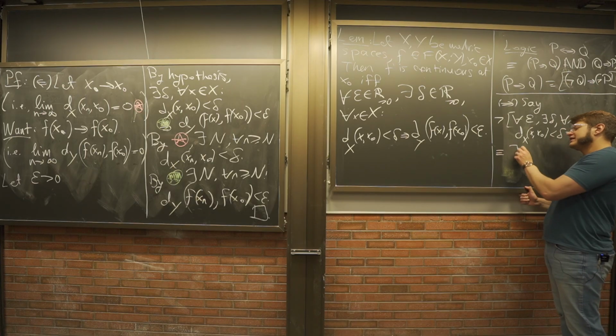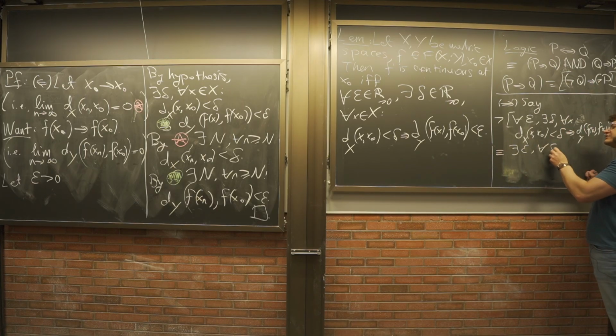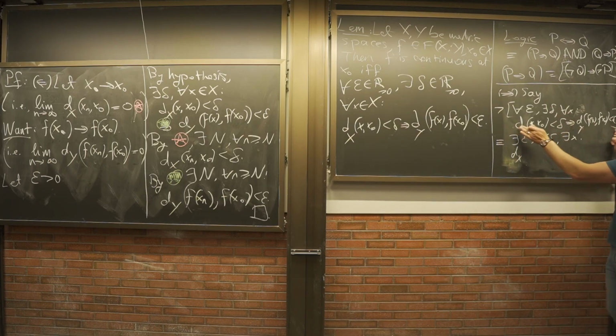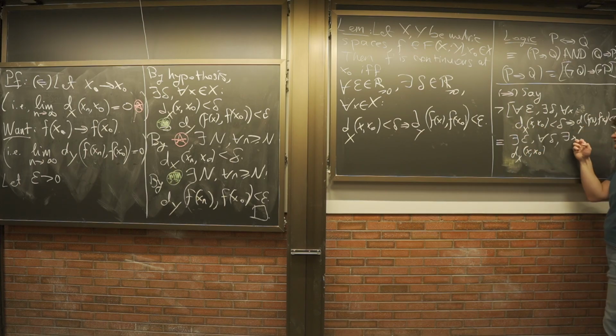This is equivalent to saying that there's an epsilon such that for any delta, there is an x such that this holds, but not this. That is to say, this x is within delta of x0, but its image f of x is not within epsilon of f of x0.